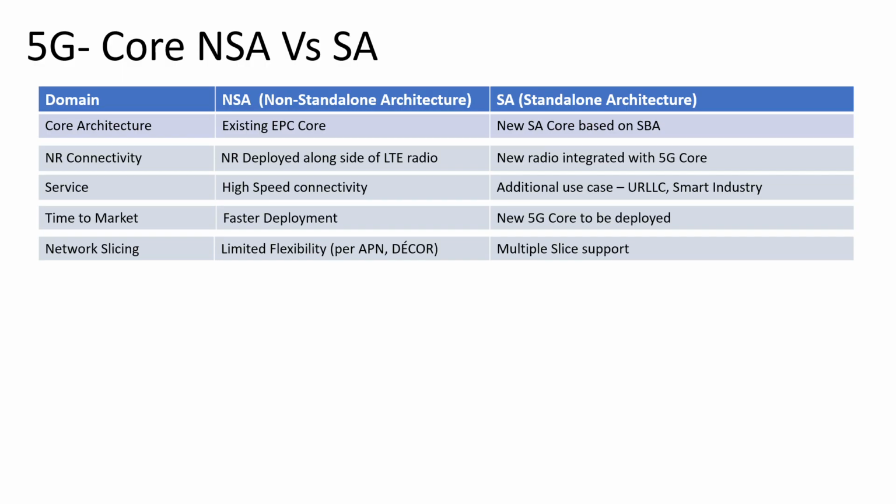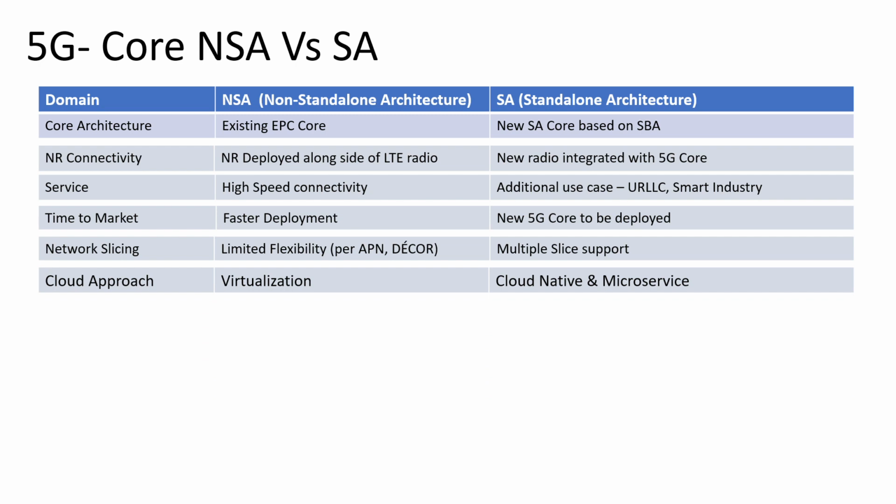If it is a high bandwidth requirement, you can design the network differently and create a different network slice, right? Or maybe it is massive connection, you don't need much bandwidth, right? In that case also you can design the network differently and create a separate slice for that use case. So that flexibility is there in standalone architecture.